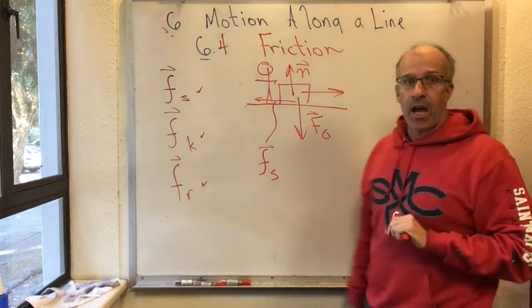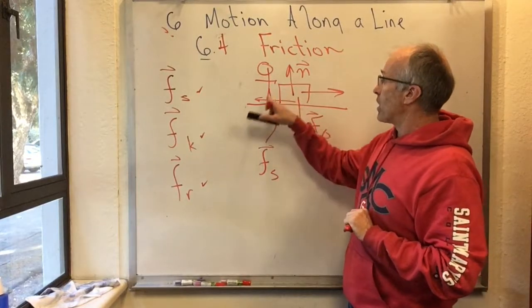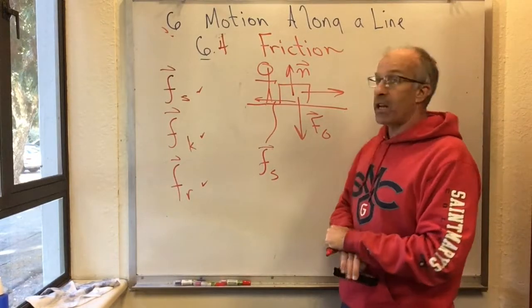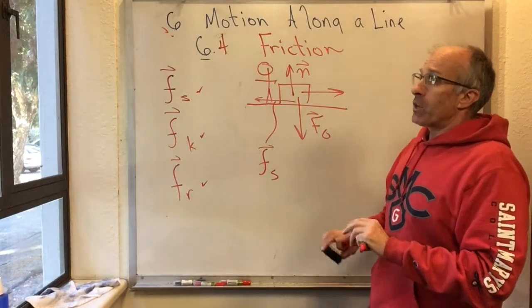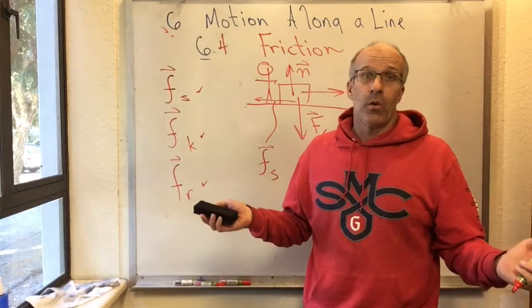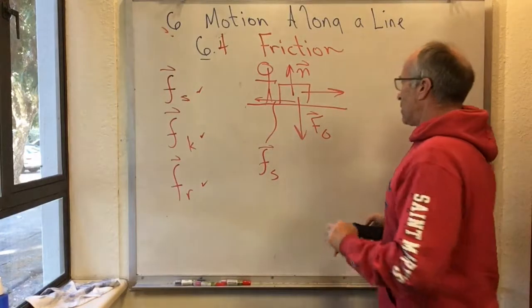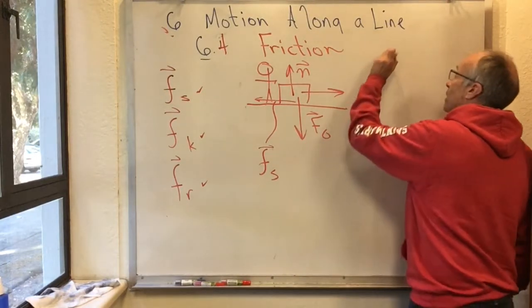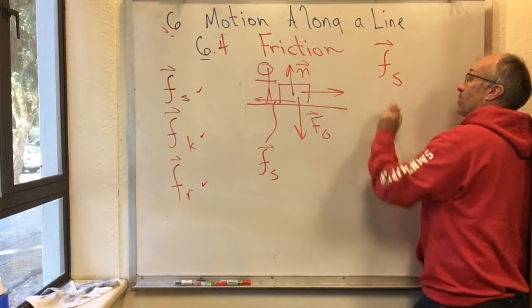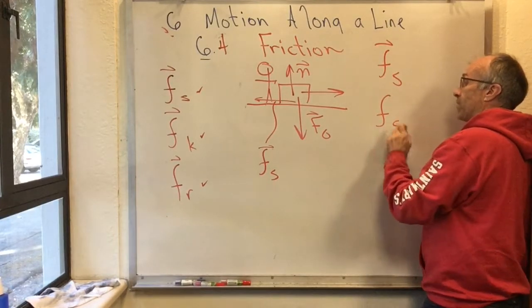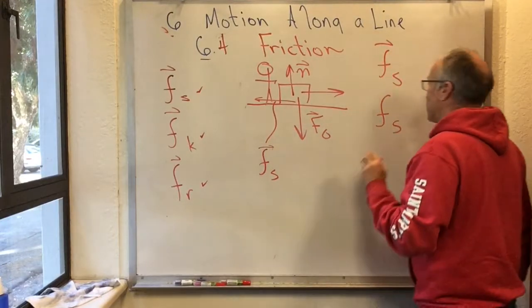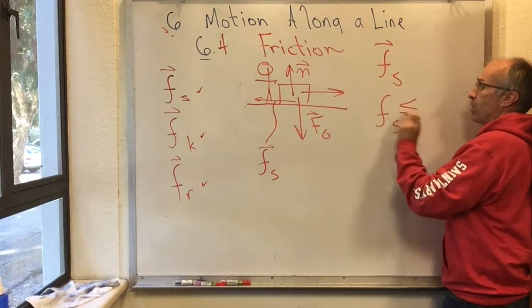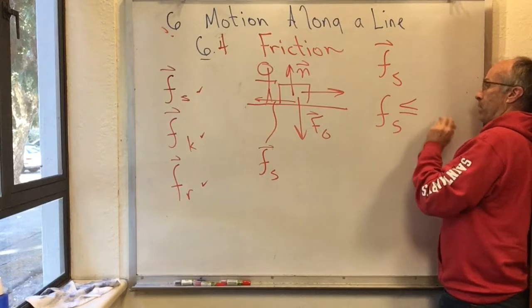Now there's an amount that you can push on this object and it will break loose. And of course, anything less than that, it won't break loose. So what we can say is that, you know how we have Fs as a vector? We can also talk about the magnitude of Fs. We can say that Fs will be less than or equal to some number.